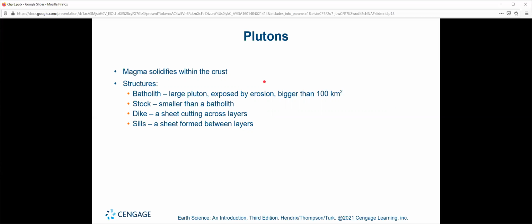When this happens, we tend to have many different structures form as a result of this lack of eruption of material. Four discussed here are batholiths, stacks, dikes, and sills. These all represent different things that the magma can do instead of popping up to the top of the volcano.